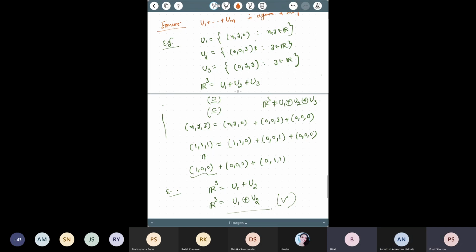Because the intersection of V1 and V2 is itself 0, so the intersection of V2 and V3 will also be 0. So here the intersection has only the additive identity, but still you have an example where you cannot say that it is a direct sum of these three. So that intersection won't work here.